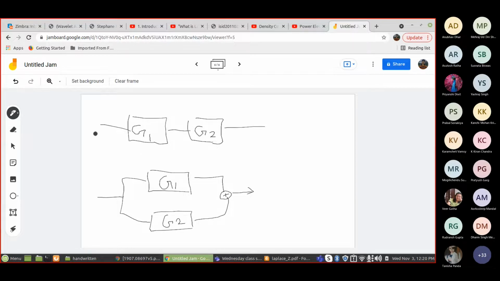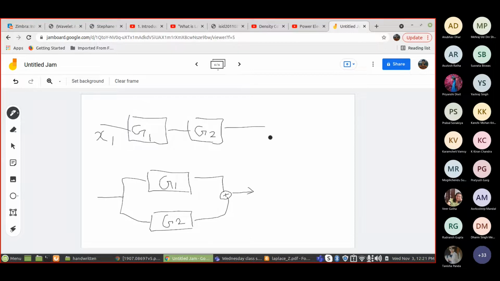So this is straightforward. If you give an input here, you can see that y1 is, taking Laplace transform, in time domain it will be convolution, x1 of s times g1 of s, which gives us the intermediate quantity, let's say y1 of s. Then y1 of s times g2 of s gives you y of s.